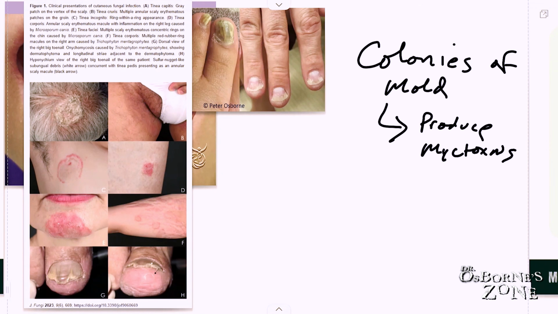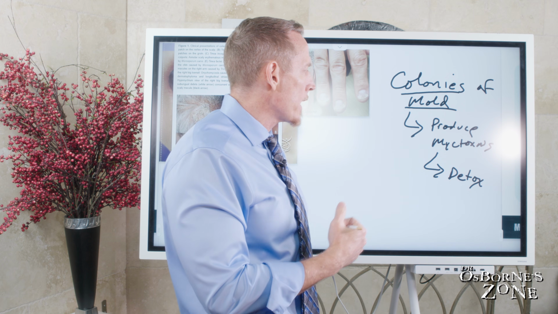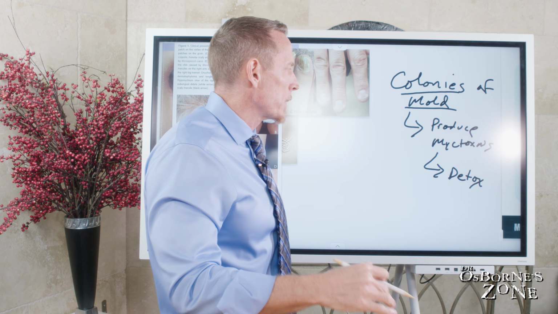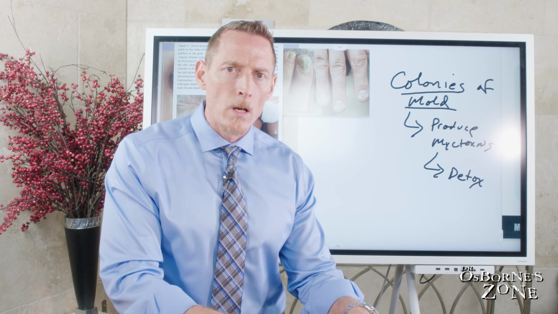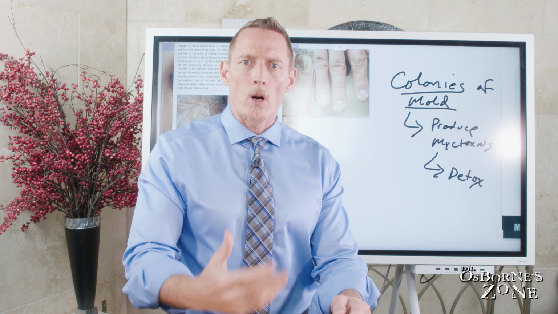And if you're trying to detox these, you're not going to win, because you're maybe taking binders or doing other things to enhance your detoxification pathways. But here you have these colonies that are growing inside of you. So you have your own little mold toxin factory just spewing out toxins. And so the reason why many become unsuccessful is because they don't actually know that they're colonized with mold or yeast. And so they're just struggling to get better.